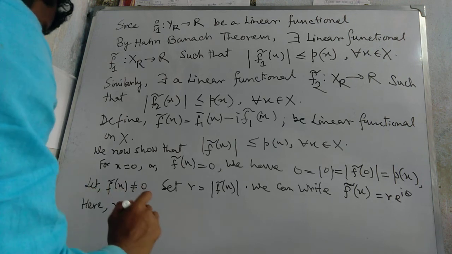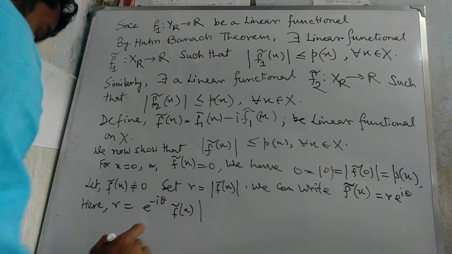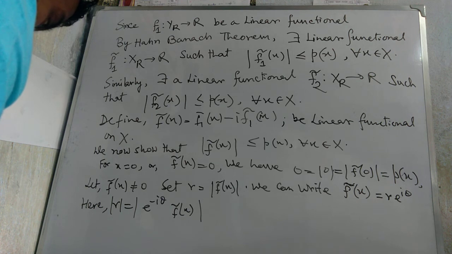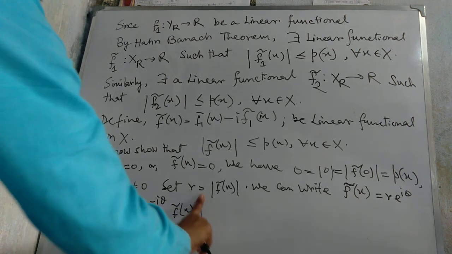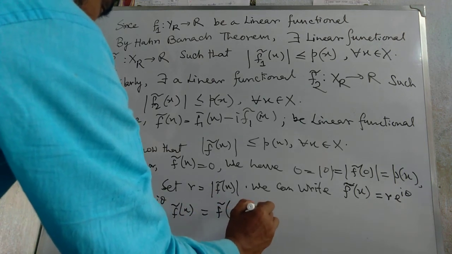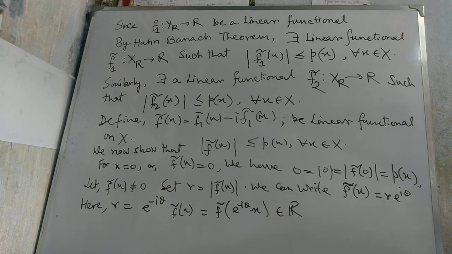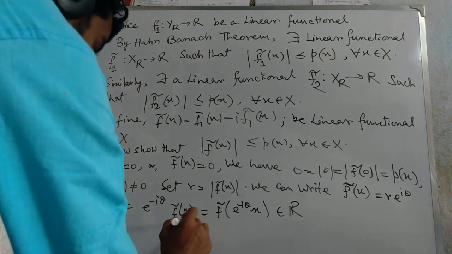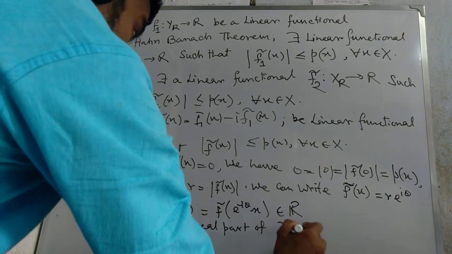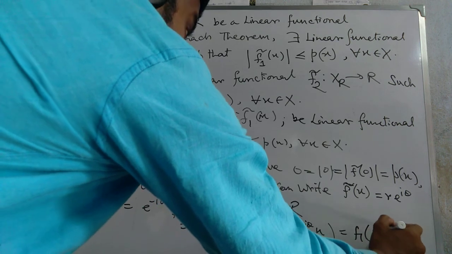Here r = e^{-i theta} f tilde(x). Then this equals f tilde(e^{-i theta} x), which belongs to R, so it equals the real part of f tilde(e^{-i theta} x) = f1 tilde(e^{-i theta} x).